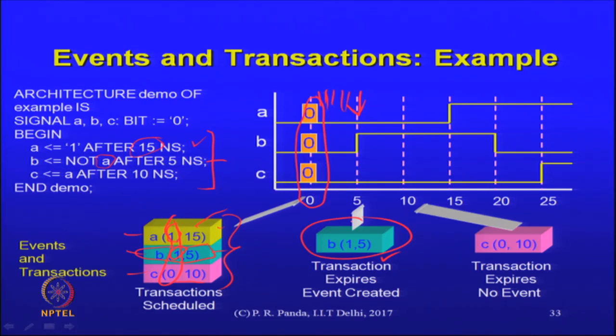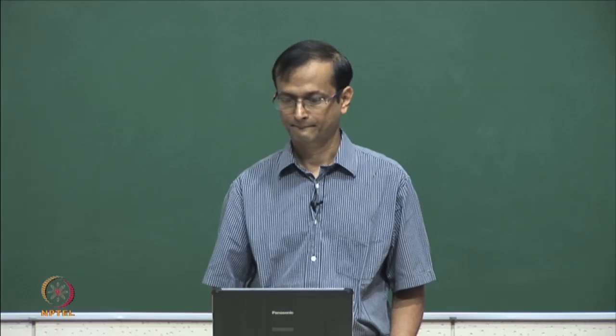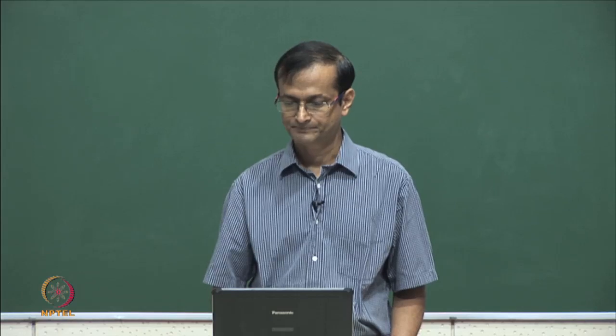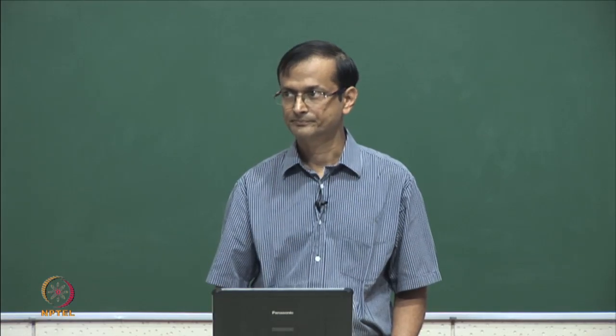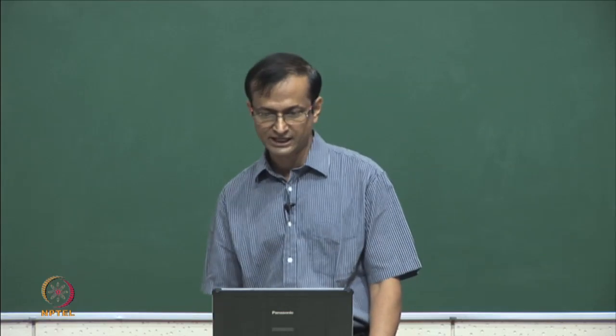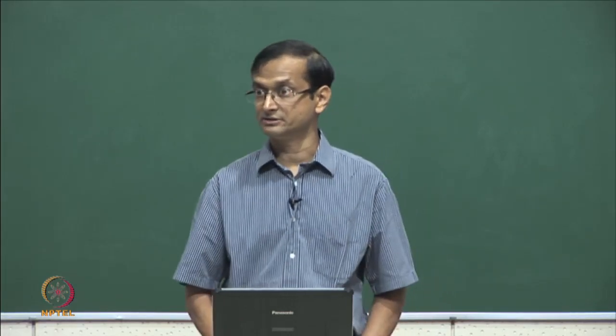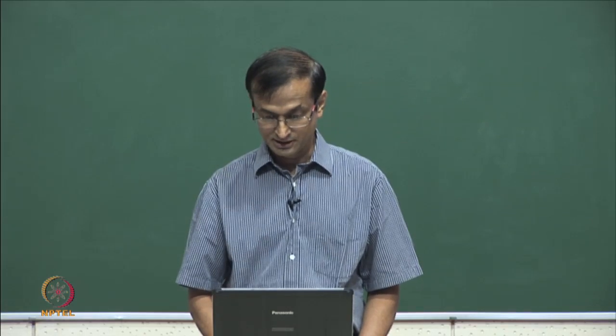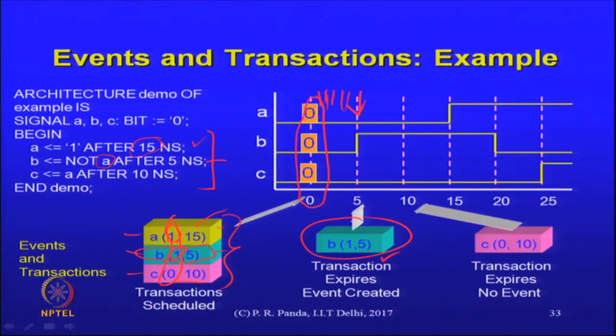Sir, if the value of A would have changed, say, at 2.5 nanosecond, then would the value of B have been evaluated? If the value of A had changed in the middle somewhere at 2 nanoseconds, then would this transaction still be evaluated in this way? In fact, what does intuition tell us? No, but we did not see that happening here.